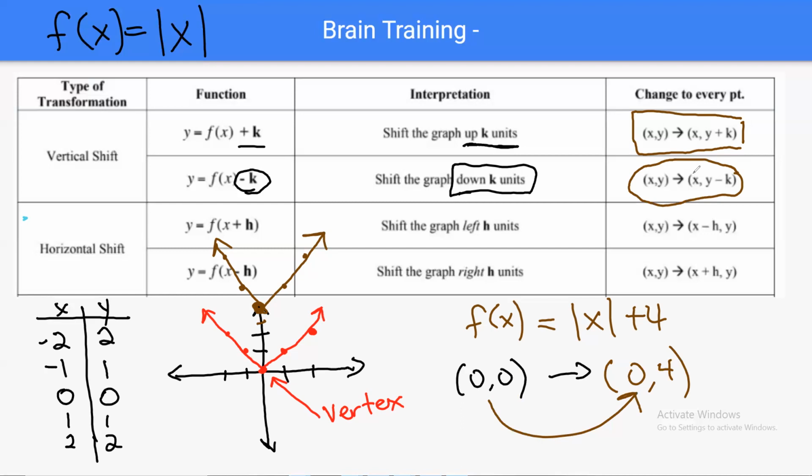Anything vertical, remember, is your y value that's changing. Anything horizontal means that your x value is changing. And it all stems from those two questions, right? We know that it's a horizontal something or vertical something based on whether it's on the inside or the outside of the function. So vertical shift is actually the easiest one to recognize, because you just take it for what it is.